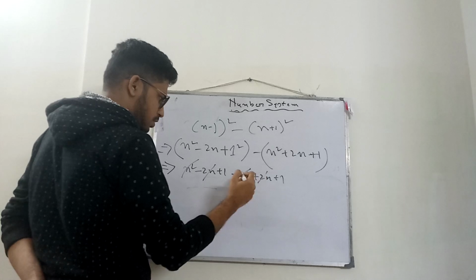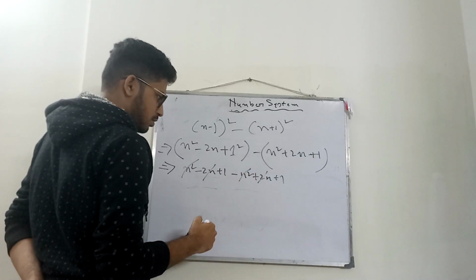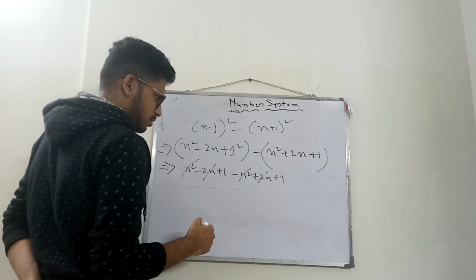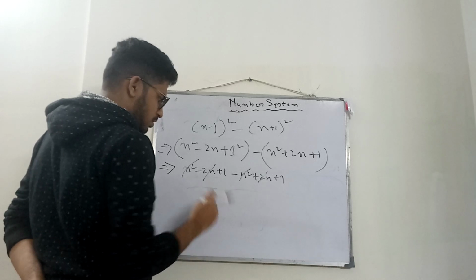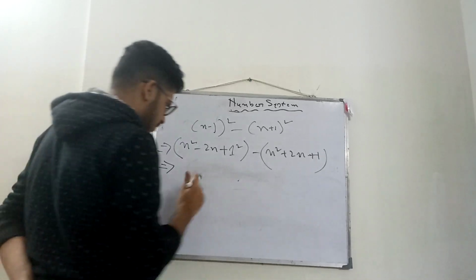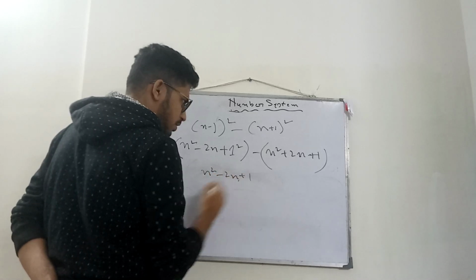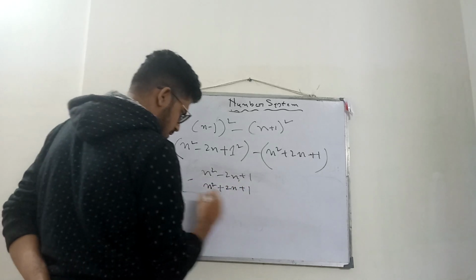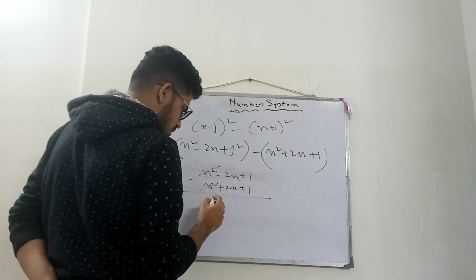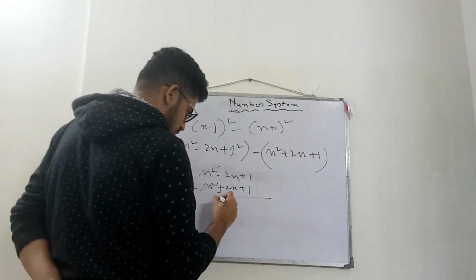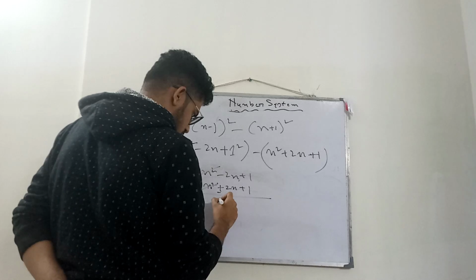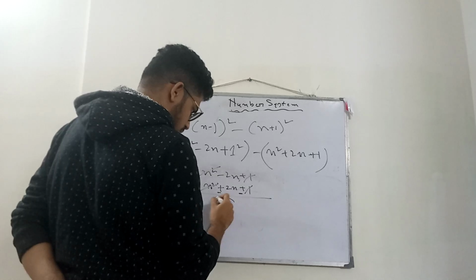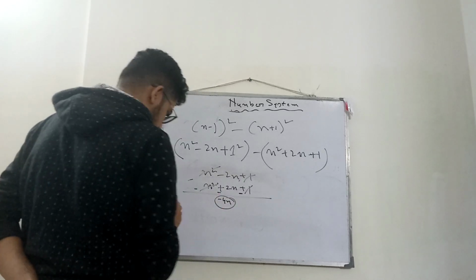So we get minus 4n minus 1 minus 4. Okay.